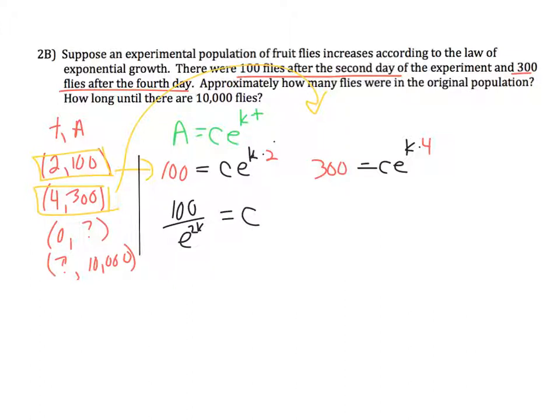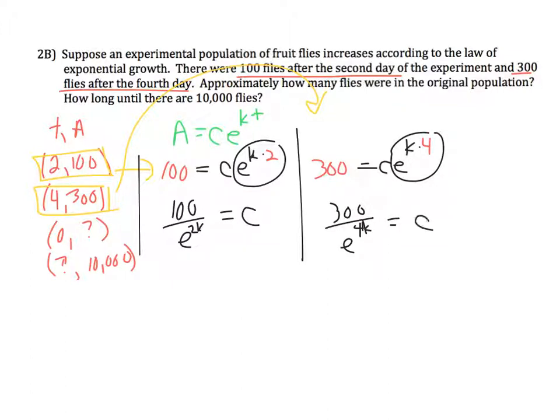I'm taking this entire term e to the 2k, dividing on both sides to get C equals 100 over e to the 2k. And then I'm going to take the other equation and do the same thing. Take my 300 and divide by e to the 4k, and that's equal to C. Because remember, C is the same thing in both problems.